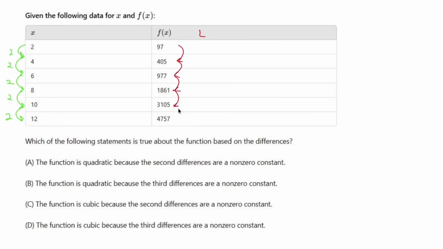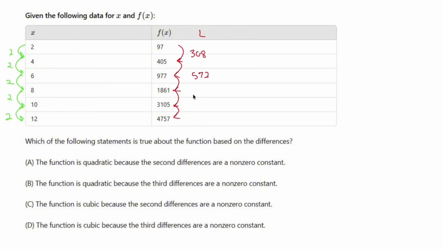Now, what you have to be very careful of is not making a dumb little math error, which I'm deathly afraid I'm going to do. To get from 97 to 405, you are looking at a change of 308. 977 is going to be 275, so I can handle that. 1861 minus 977.